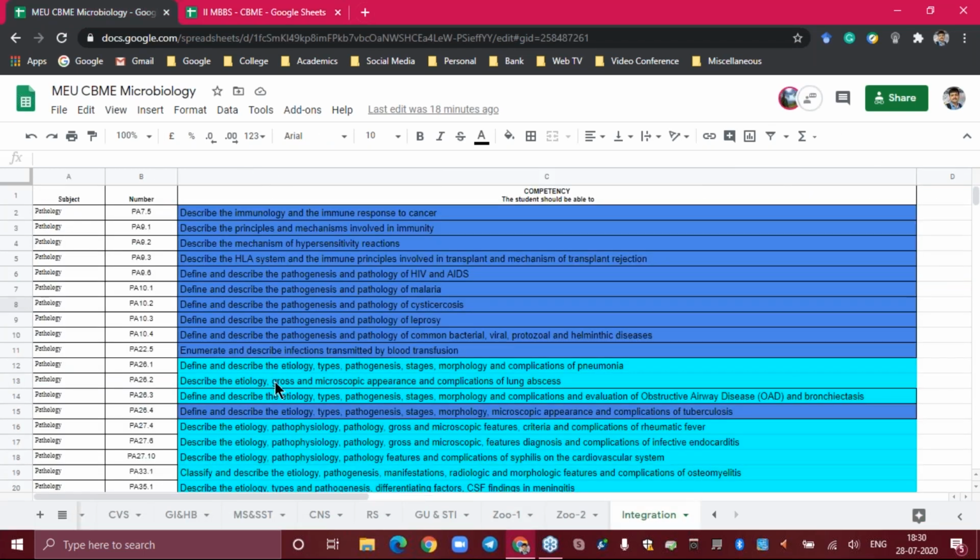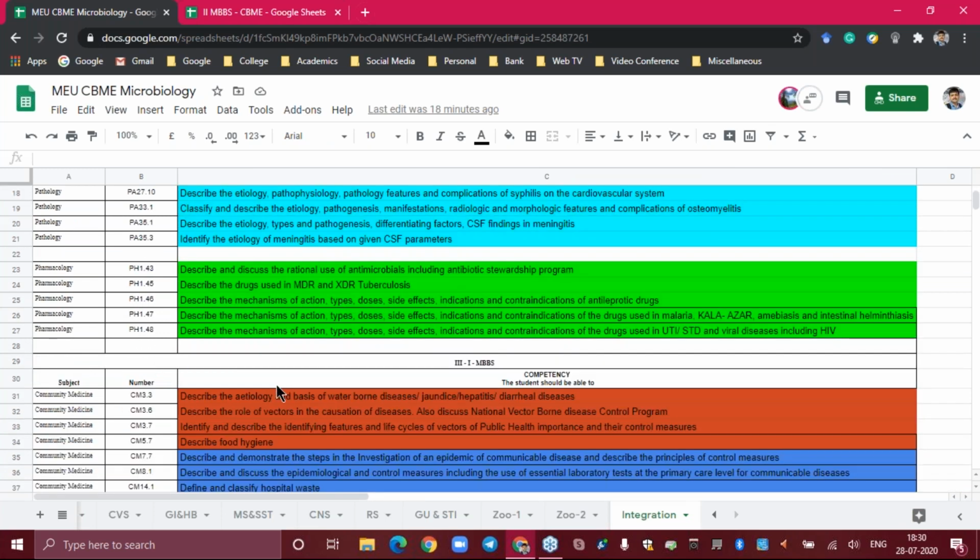Okay, right? So you can see over here. And these are the competencies which we are sharing with pharmacology, right? You can see most of these competencies pharmacology people can take, no problem. So it will be a nesting from pharmacology. Microbiologists may or may not be needed.